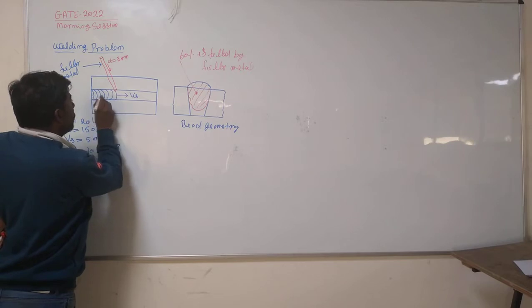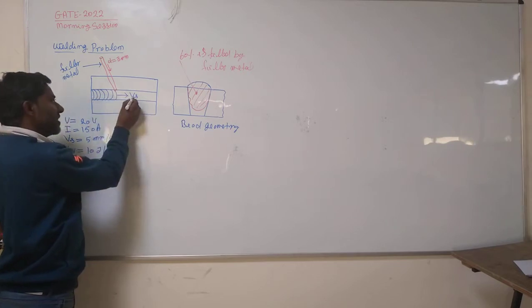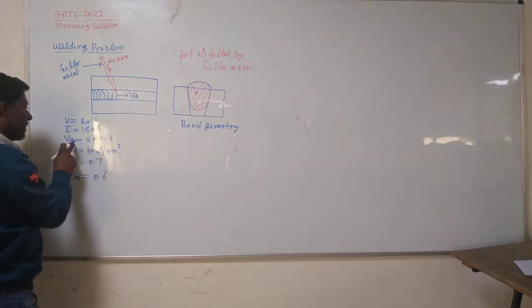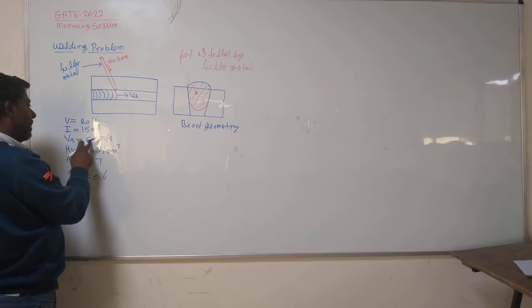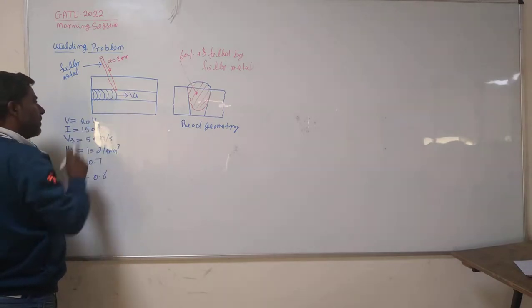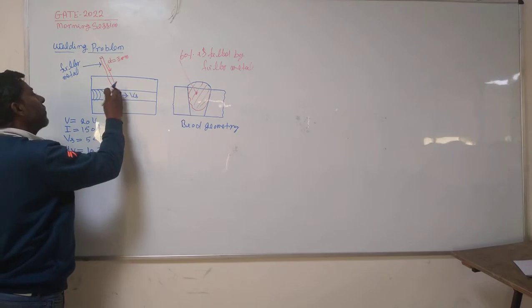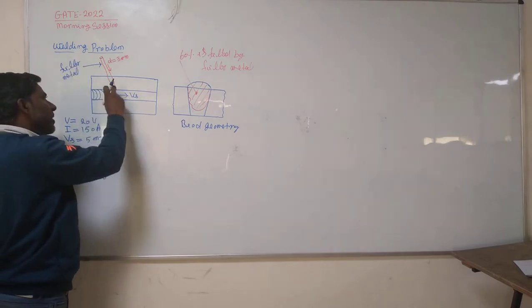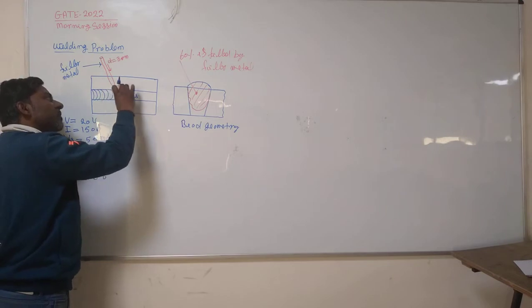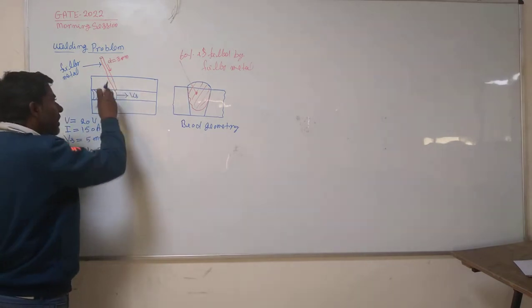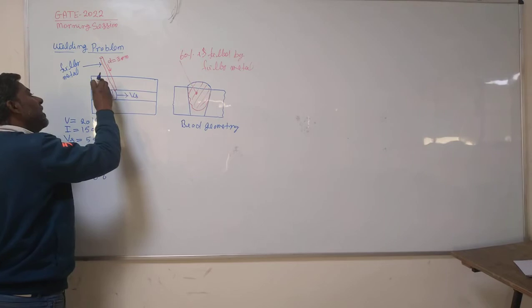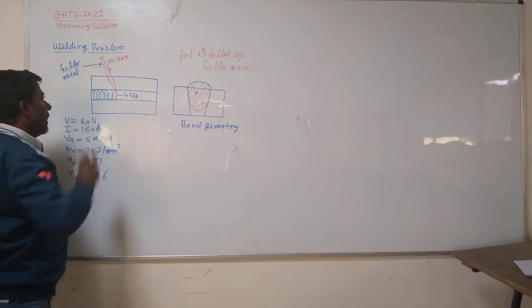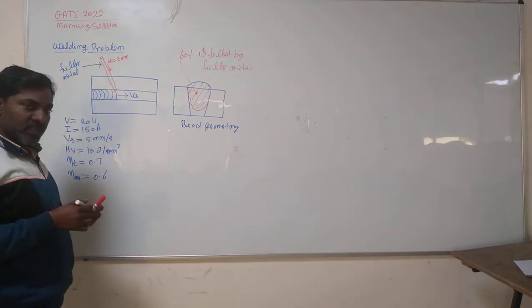The speed at which you are moving forward is the welding speed. Let us say this is Vs, and this welding speed Vs is given as 5 mm per second. 60% is filled by the filler metal, and the remaining 40% from the workpiece material is getting melted. And the diameter of the filler metal is given.